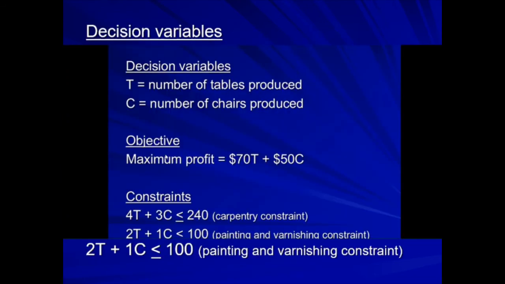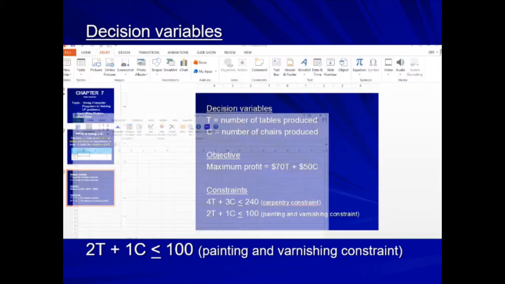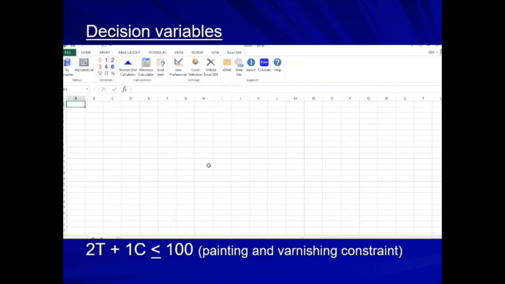Now that we have already determined our decision variables, the objectives, and the constraints for the Flair Furniture problem, we are now ready to solve this problem using Excel QM. So let's now go to the Excel QM window. By the way, I am using Excel QM version 5.2, which I just downloaded from the internet.